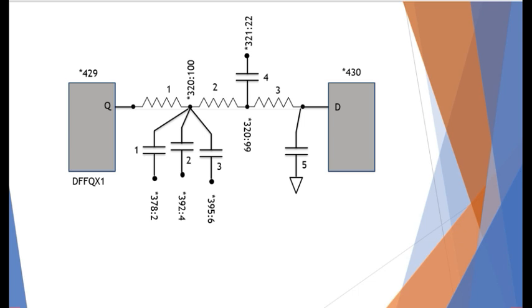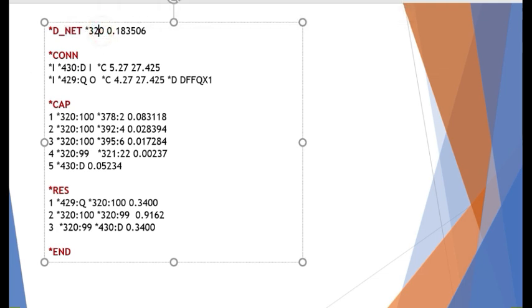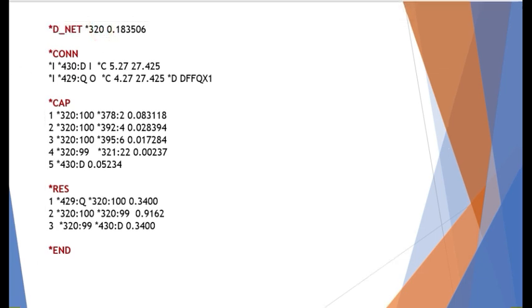Now let's see how we can write the DNet section for this small design. So this is the DNet section. We are talking about this net first, the 320 net, and the total capacitance that is seen on this net is 0.183506 femtofarad.